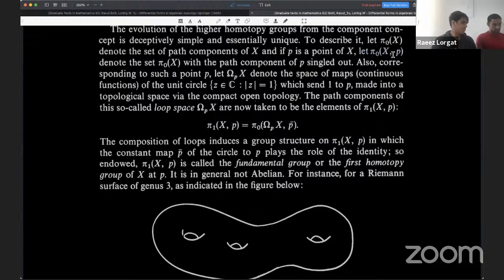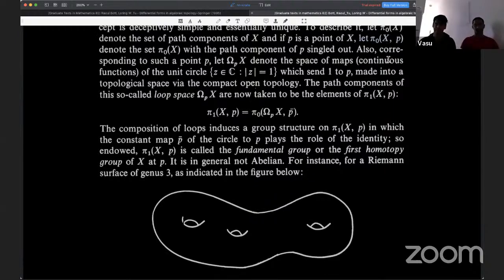And so if you distinguish a point, so you're not only thinking about spaces, but spaces with a distinguished point, which we'll denote pi 0 of X, P, then you should think of that as the same collection of connected components, but there's now a single one that's singled out. So this is just an accounting mechanism. Nothing has really changed. We're just remembering that the point belongs to a certain connected component.